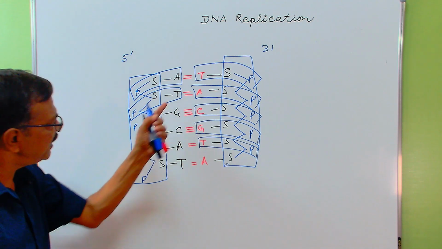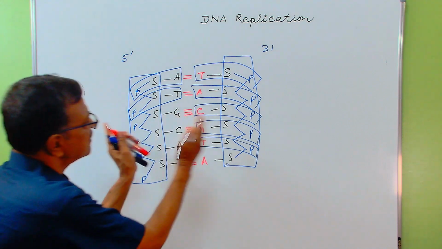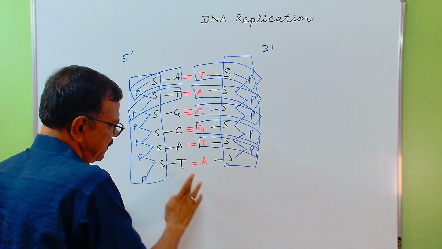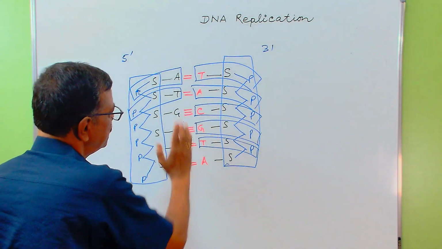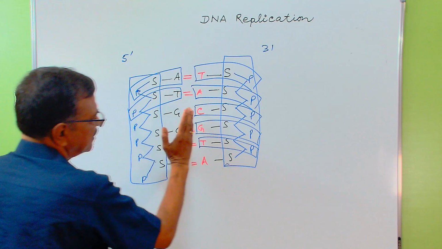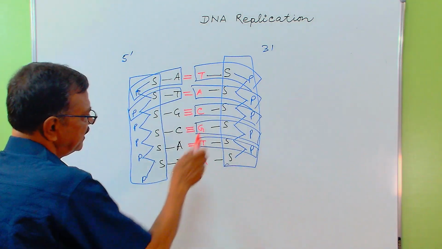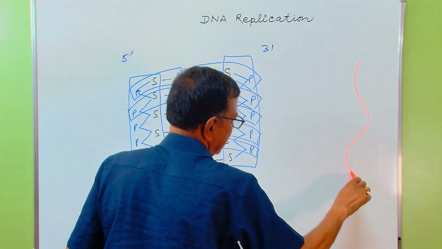Now, once the hydrogen bond, say for example this hydrogen bond, is broken, this has gone to this side, this has gone to this side. Say this part is red, I will write it in red.